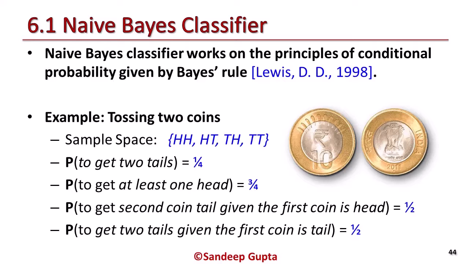The probability to get at least one head is 3 by 4. The probability to get the second coin as tail given the first coin as head is 1 by 2. Similarly, the probability to get two tails given the first coin as tail is 1 by 2. You can notice that all attributes of a data point under consideration are independent of each other. In the next slide, you will see how Bayes' rule works.